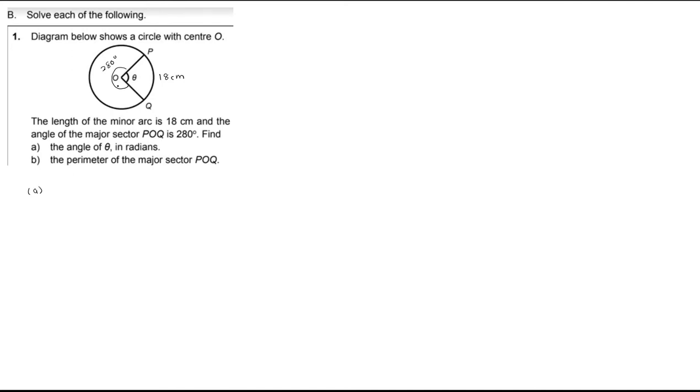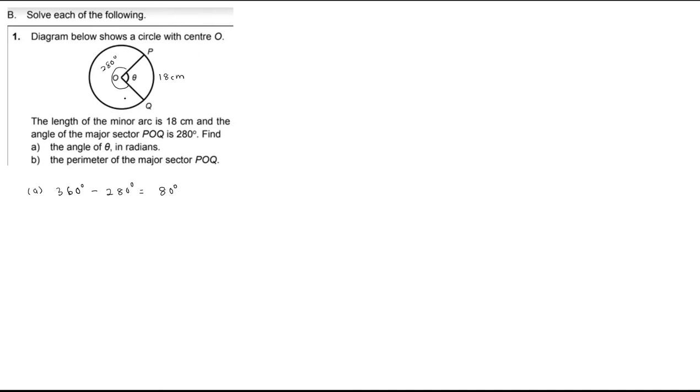For the whole circle, the angle is 360 minus the major sector 280 degree, and we are left with 80 degree. So the minor sector is 80 degree in angle.